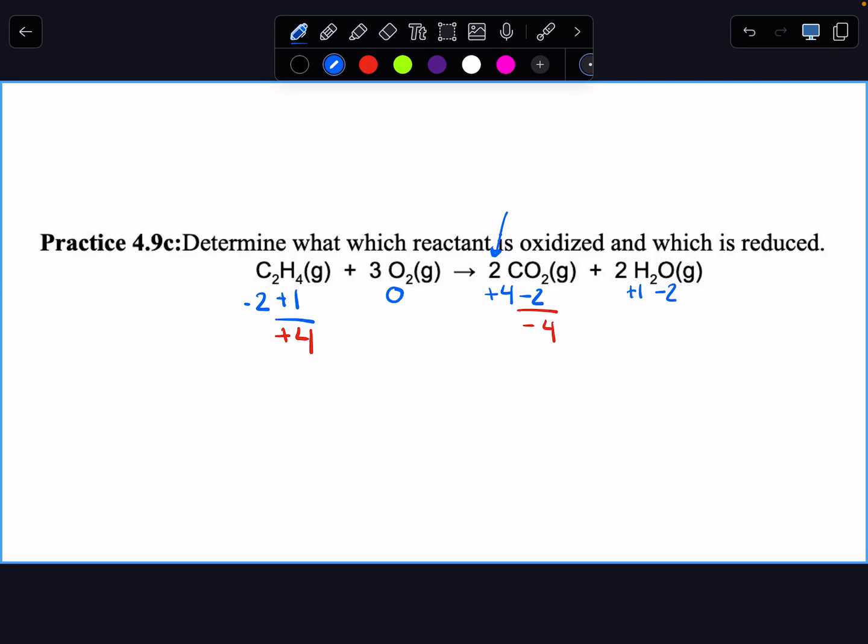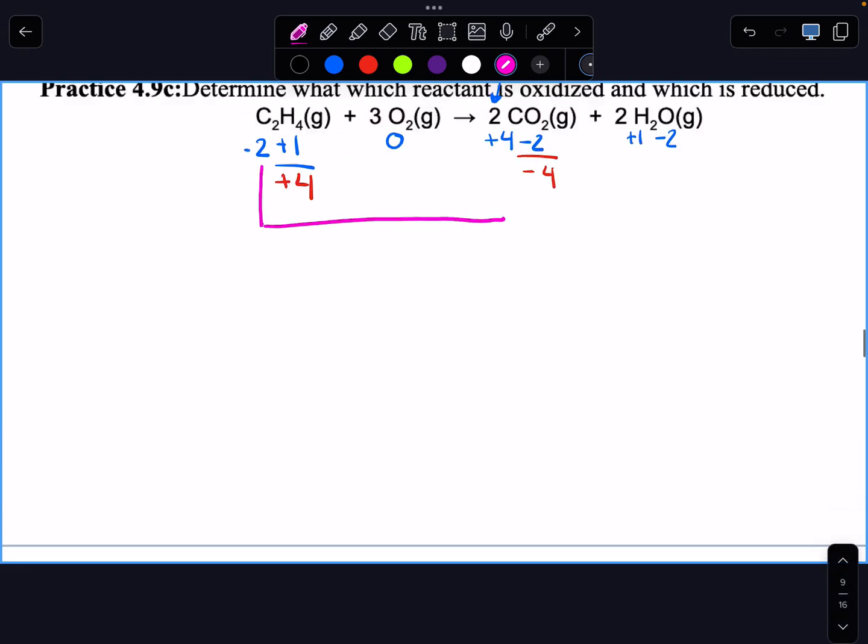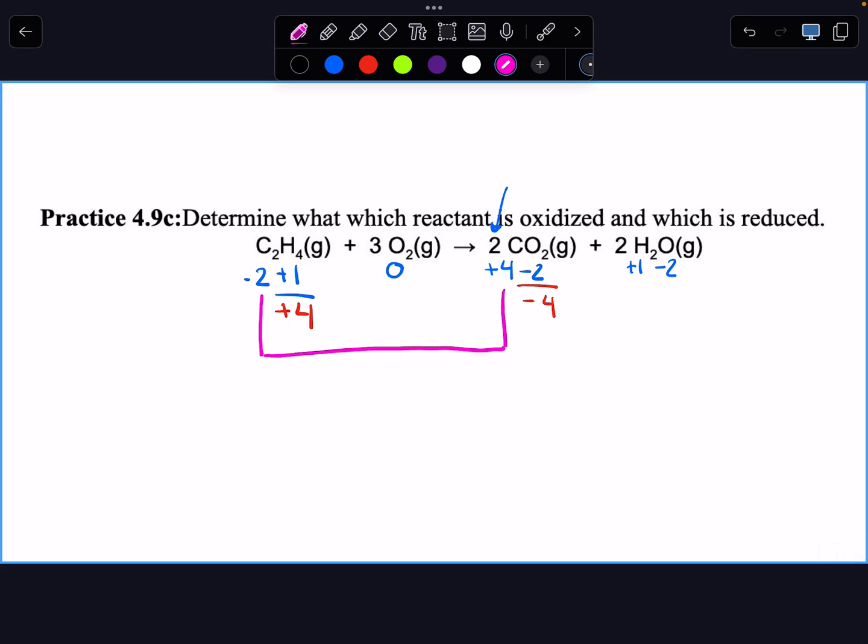Okay? All right, now once you have your oxidation states listed, we can track what is being oxidized and what's being reduced. I like to pair them up: carbon on the left is -2, and on the right, it's +4. If it increases in charge, that means it has been oxidized, because it's lost electrons, and you get more positive when you lose electrons.